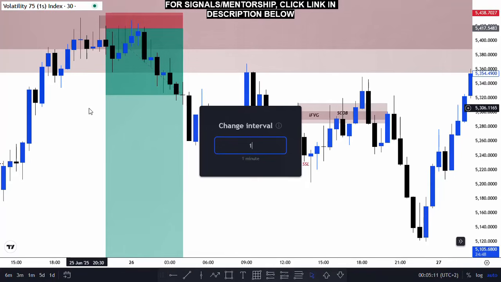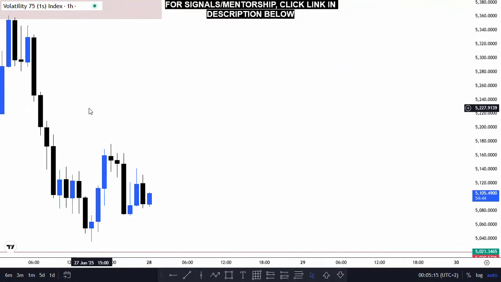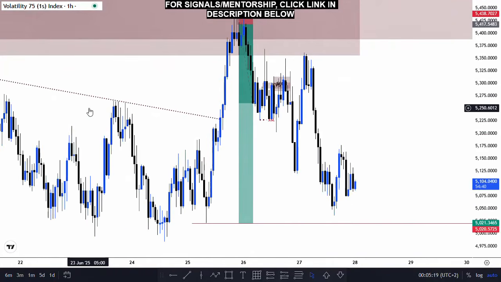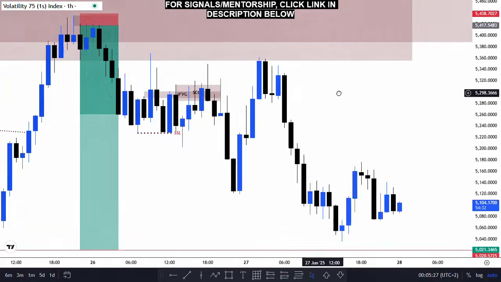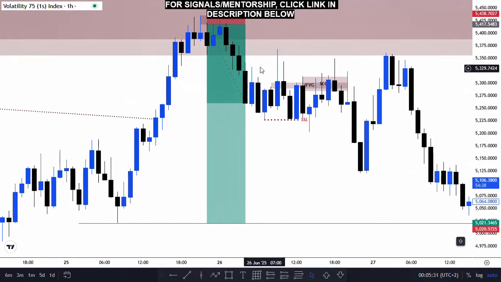When you go to the 1-hour chart, you don't need all 3 charts to have a single candle order block before you can take a sell. It doesn't need to be like that. The reason I'm showing you all these analysis charts is because you just need one of them.